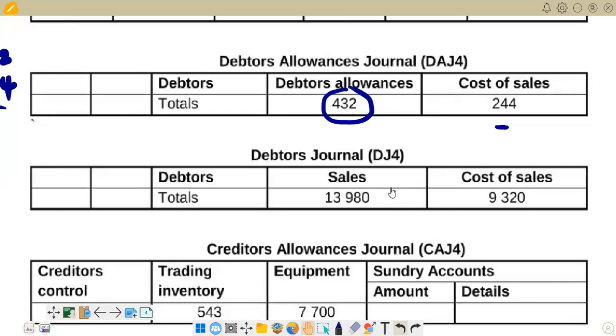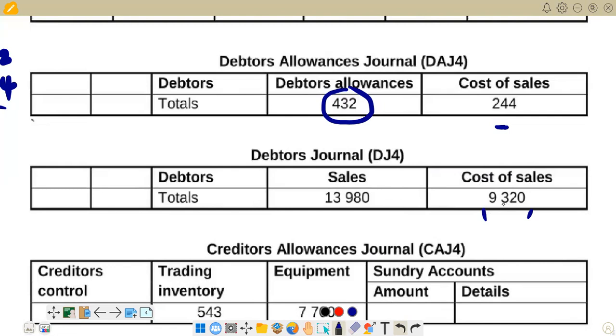So we have the column for cost of sales there. Remember, we summarize that double entry: we credit the trading stock, and then we debit the cost of sales account with this 9,320.